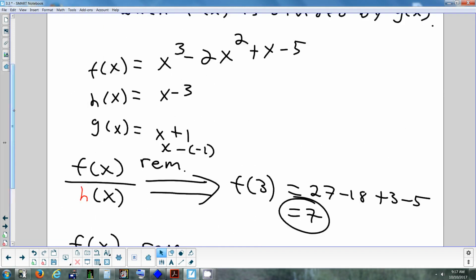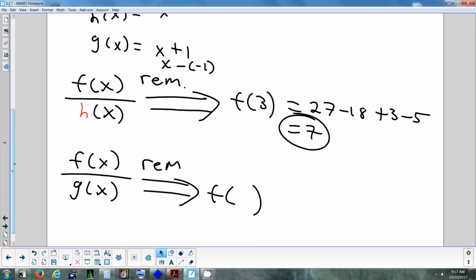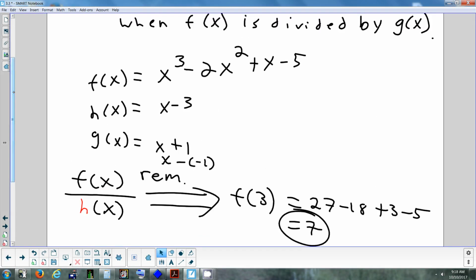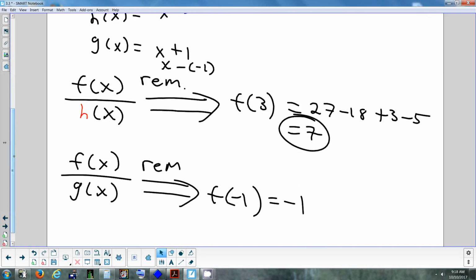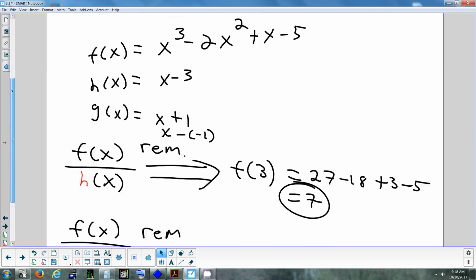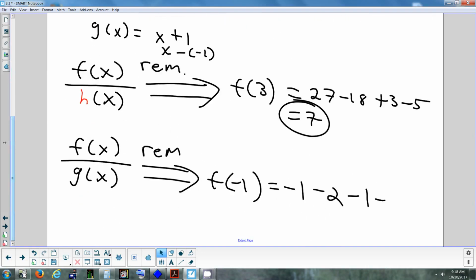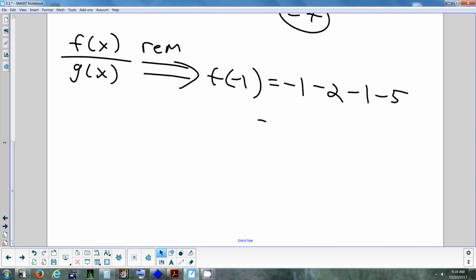Right, negative 1 cubed gives me negative 1. Negative 1 squared is 1 times 2 is 2. Then minus 1 minus 5. Right, so we get negative 1 minus 2 gives me negative 3 minus 1, and then minus 5.